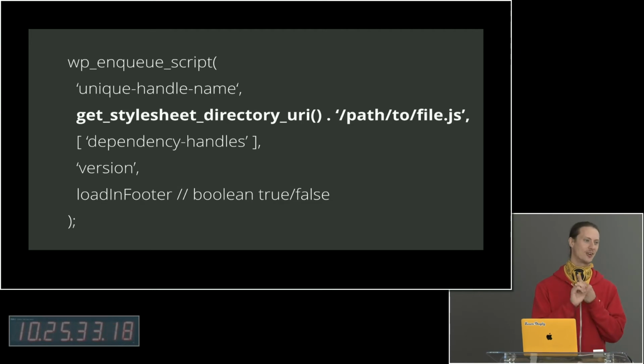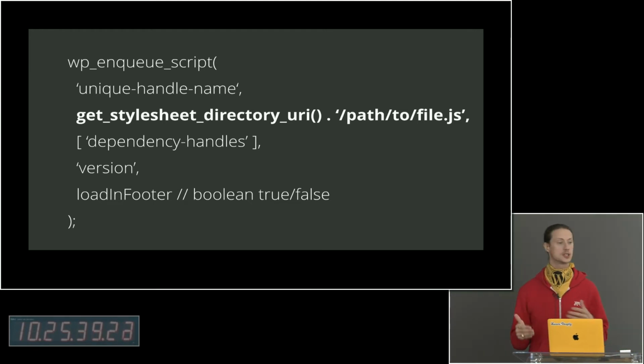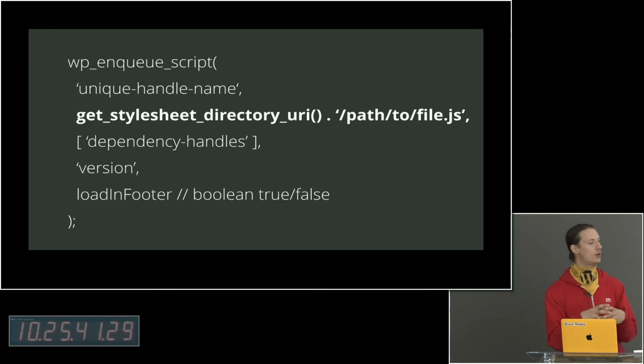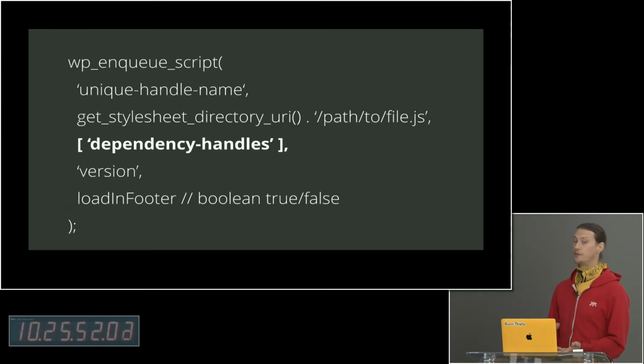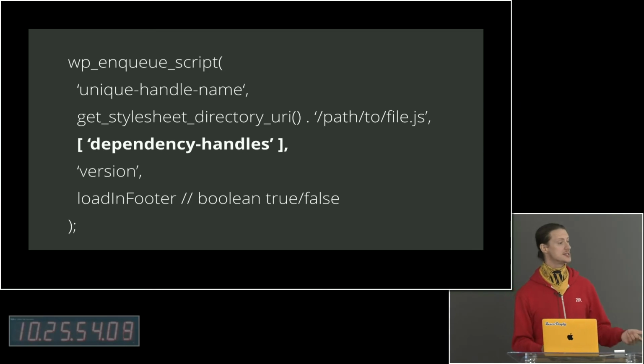What happens if they installed another site? Like all of these other things. So get stylesheet directory URI is going to give us a shortcut to get into that folder and then be at the root of our theme folder. And from there, we could say, hey, go into our assets/js file and grab that file. So pretty straightforward. The other really cool feature that enqueue has is dependencies.